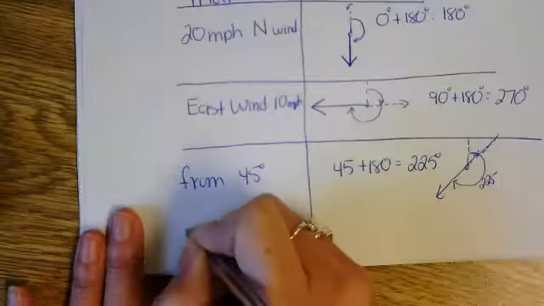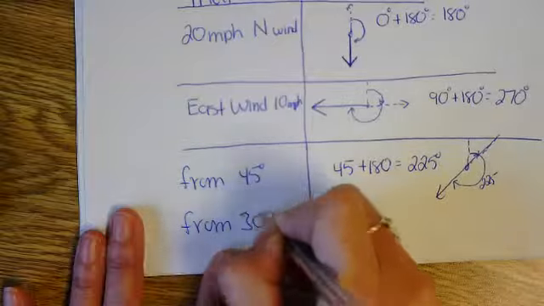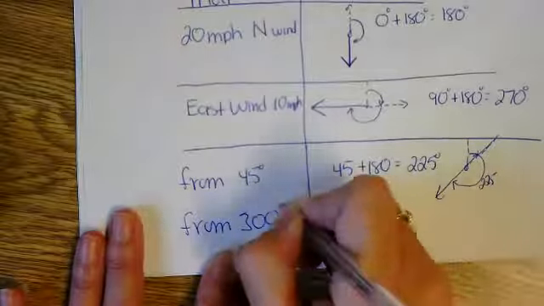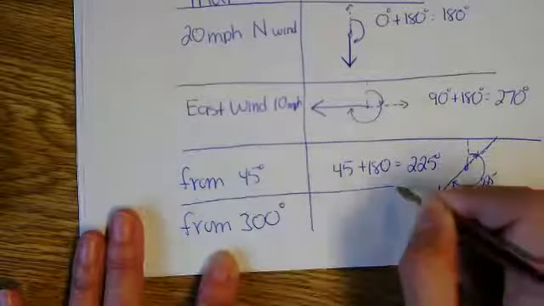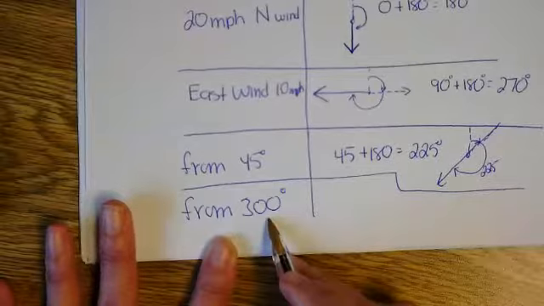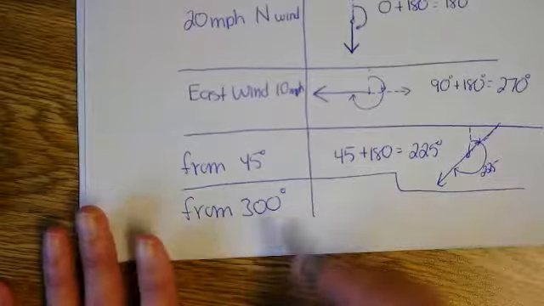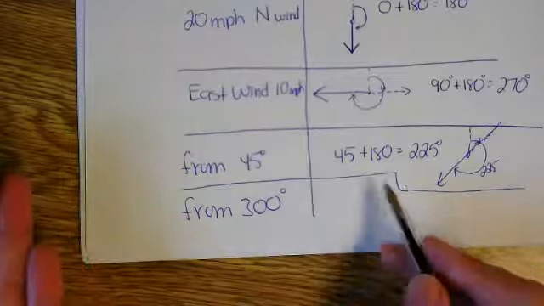But let's say he tells us it's blowing from 300 degrees. Like I said before, we're always changing it by 180. Well, if I add 180 to that, I'm going to be at 480. So we don't want to go over 360. To change it, we can also subtract 180. Besides, we don't always have to add.